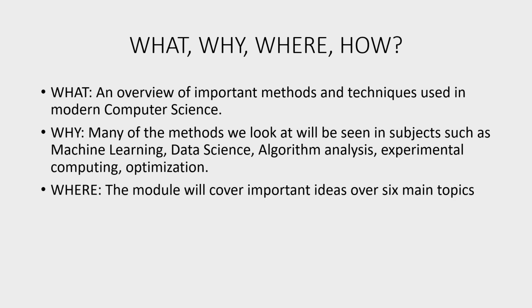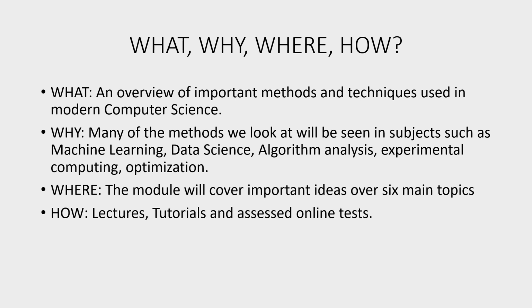We're going to look at the main ideas over six main areas, six main topics. And how? Well, it's going to be a mixture of lectures, tutorials, assessed online tests.